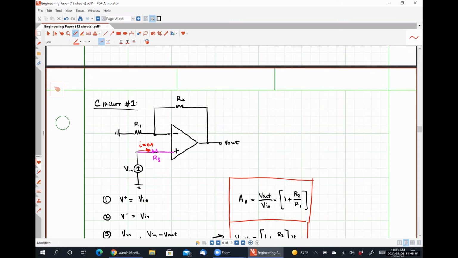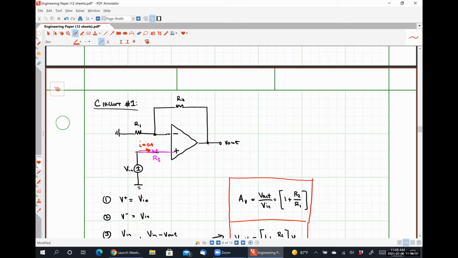So if there is a resistor placed between the input voltage source and the non-inverting input terminal, it doesn't actually do anything as far as we are concerned. There is a very specific reason to do it, but the overwhelming majority of you will not be taking analog electronics 2, and so it's completely unimportant for you to understand why that might be there. For the intents and purposes of our analysis, that resistor R3 does nothing.